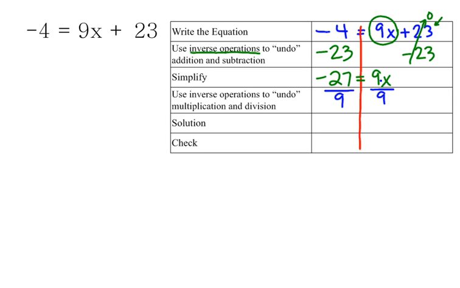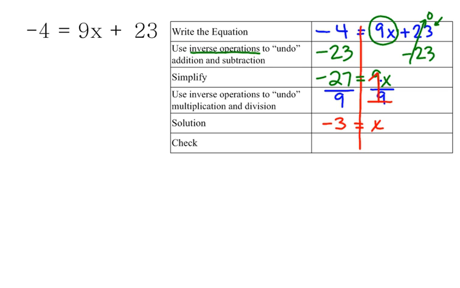And what is 9 divided by 9? It is the whole number 1. So please write a big 1 there. 9 over 9 is 1x, but you know that I won't write 1x. I'm lazy. I'll just write that x by itself. And negative 27 divided by 9 is negative 3. So my solution, I believe, is that x is negative 3.